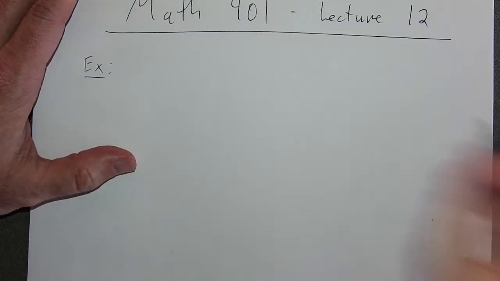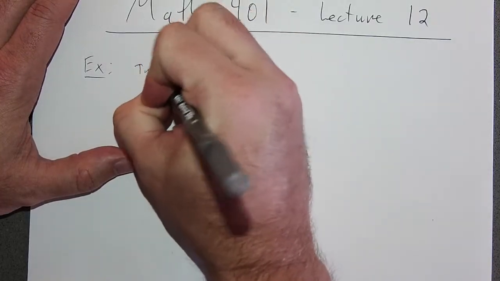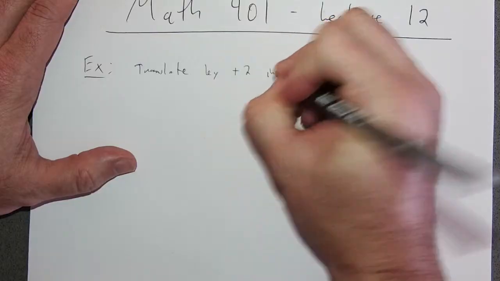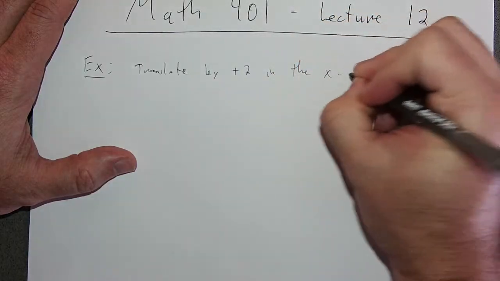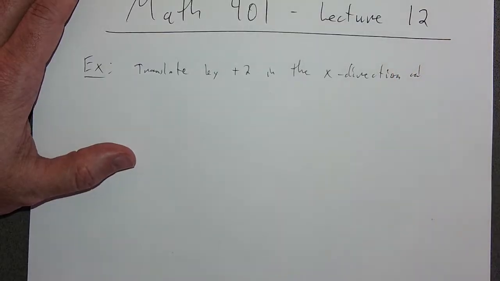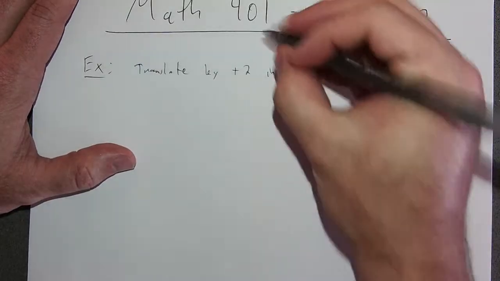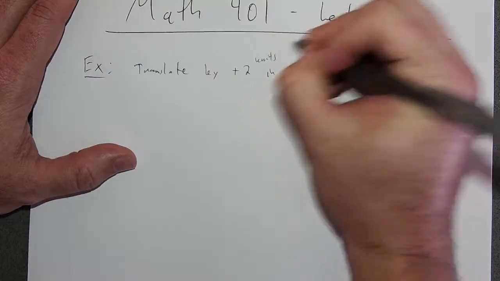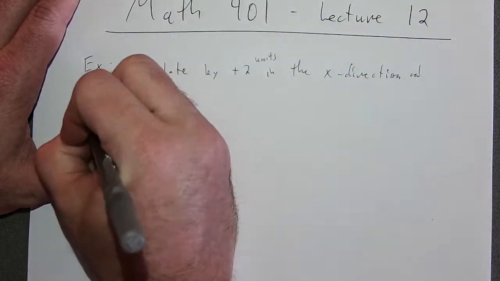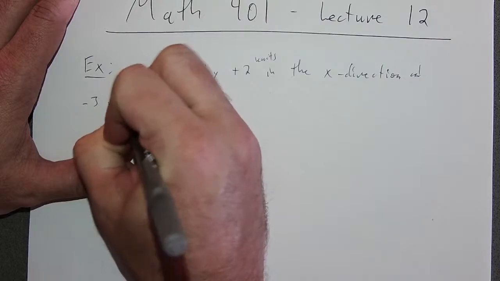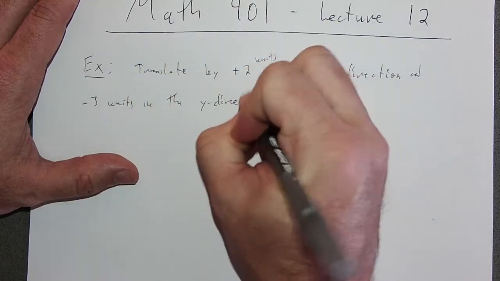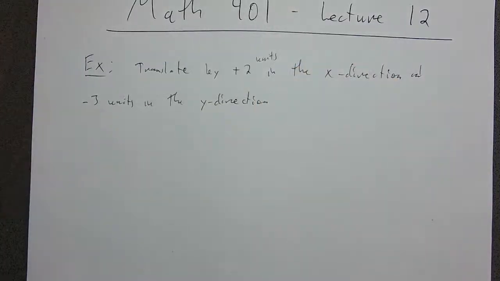Let's translate by +2 units, whatever our units are, in the x direction, and -5 units in the y direction.